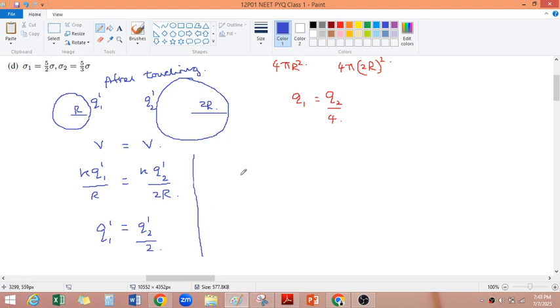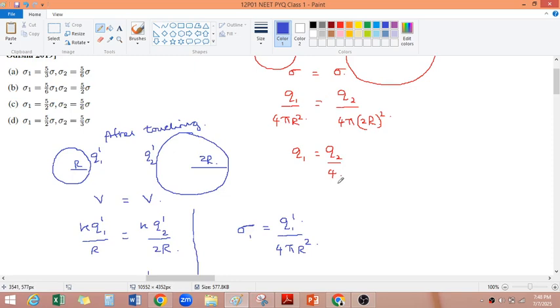I want sigma 1 and sigma 2. So sigma 1 is equal to Q1 dash divided by 4 pi r squared. They have given it in terms of sigma.